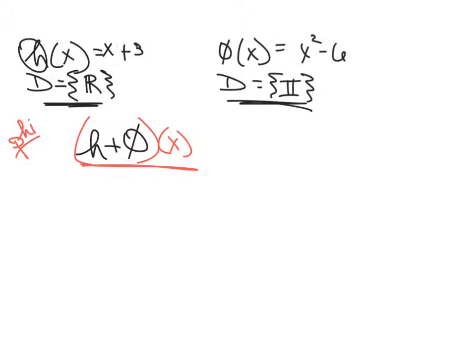One of the things that's very important when you add functions is you have to look at the domains. The domain that is all-inclusive is the one that's going to work here. What I mean by that is, let's say this domain here is the set of real numbers. That means I can have all of my numbers in the whole history of the universe. Over here I can have my negatives, I can have 0, I can have my positive counting numbers.